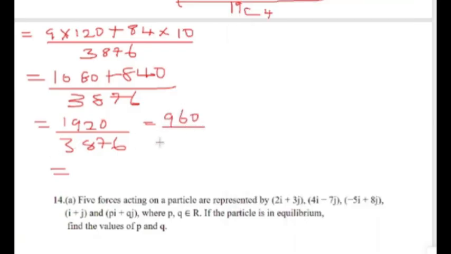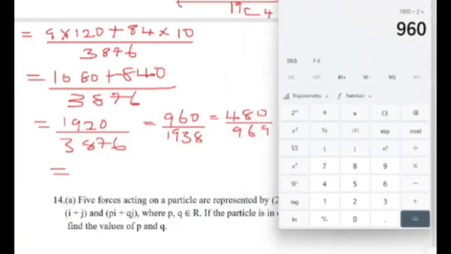Then here the denominator, I'm having 19. I've done this before. Then we divide again by 2, and we're going to have 480 over 969. Basically I don't think we can go further here. This is even, so we can simply write our final answer as a decimal.